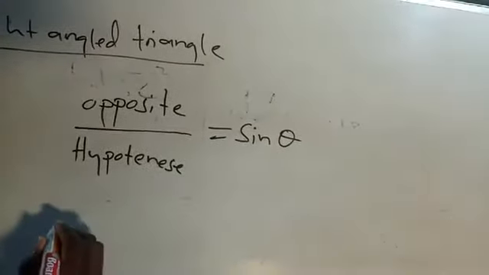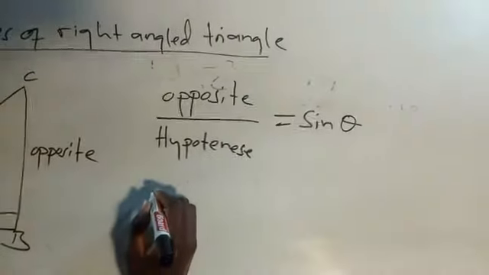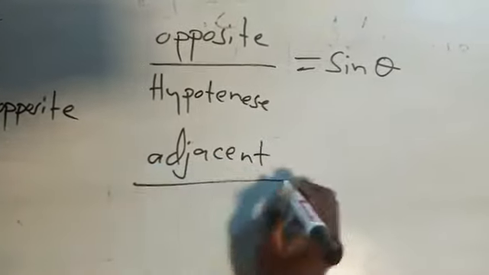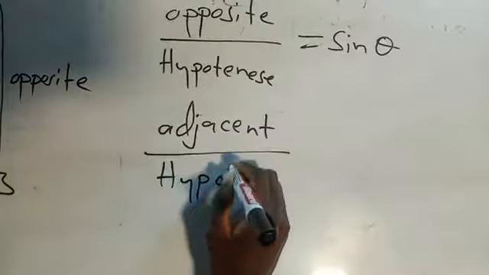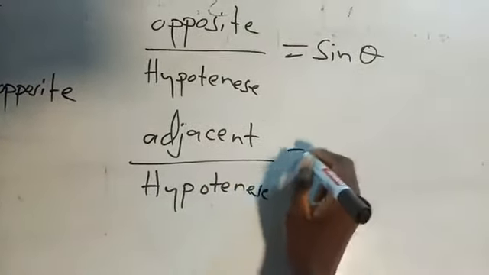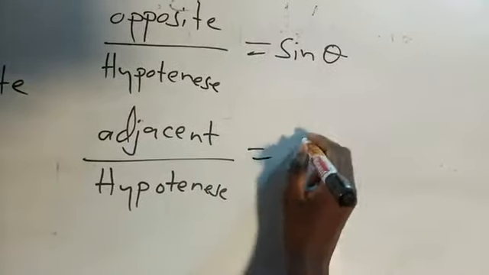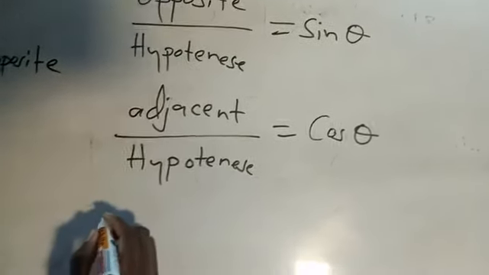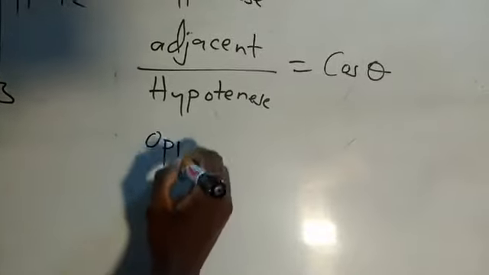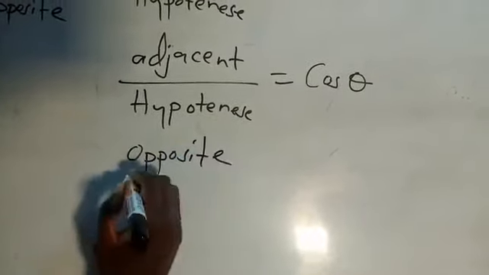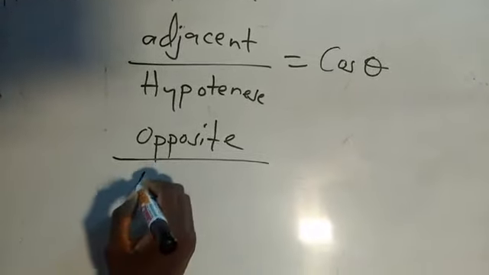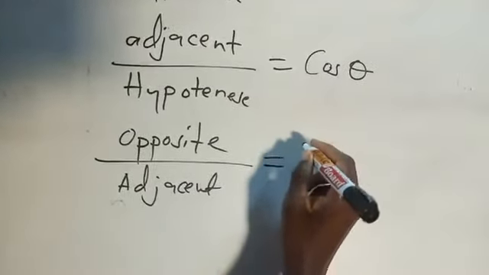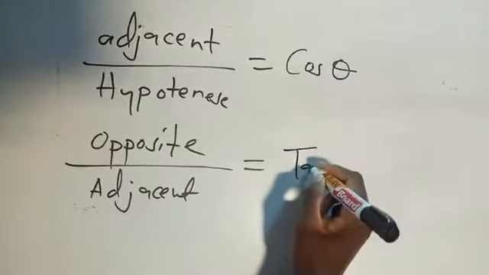We have another one which is called the adjacent over hypotenuse, which is called cos theta, and another one being the opposite over adjacent, being equaling to tan theta.